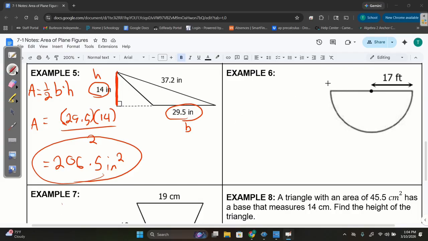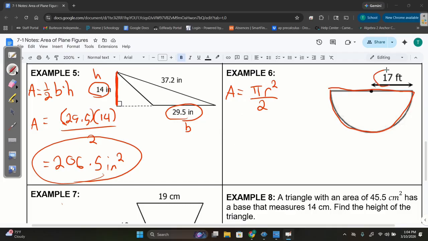Example number 6, you'll see I've got half of a circle here. So the formula I'm going to use for the half of the circle is very similar to the formula for the area of a circle. The area for a circle is pi r squared, correct? Well, because I have half a circle, I'm going to divide my area by 2. So the area for half a circle is pi r squared divided by 2.